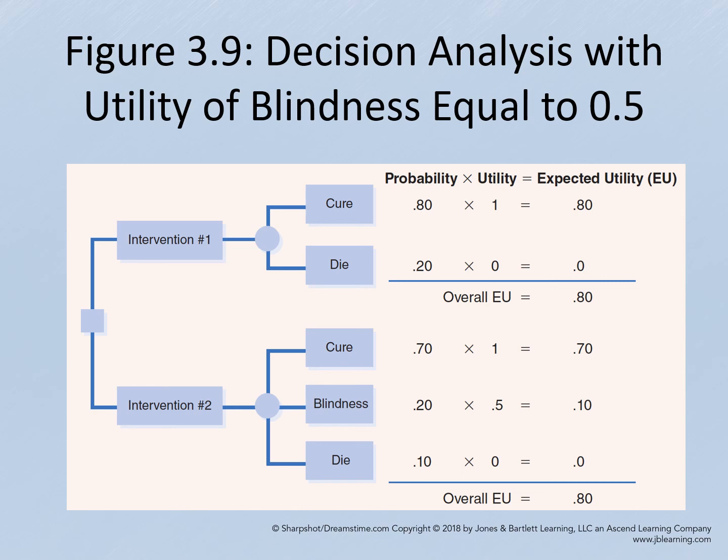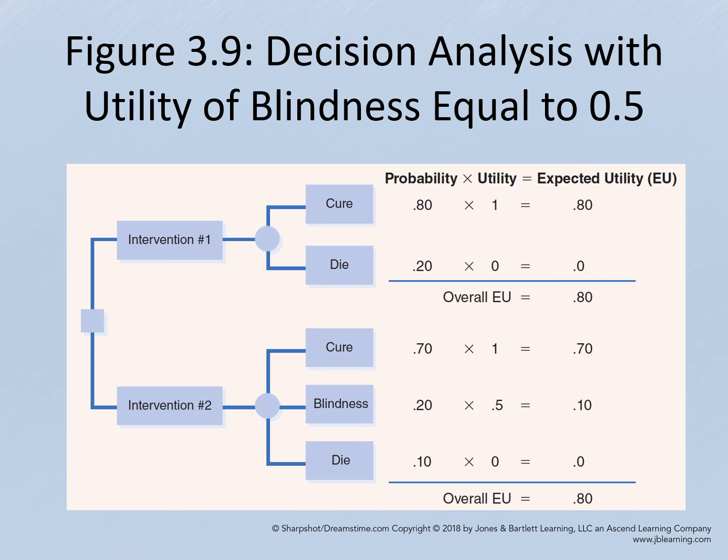I agree that this is how much value I'm giving to blindness. So 0.5. Some people say I have a high utility, that is 0.8. That means I don't care even if I'm blind. Even if it causes blindness, I can survive, I can learn more, and I will be able to live with it.